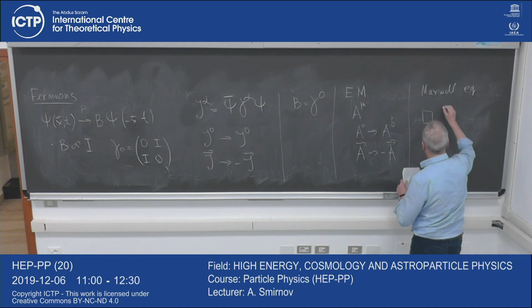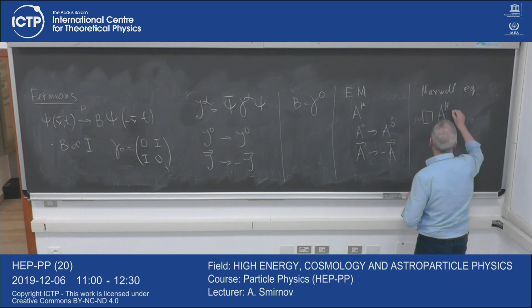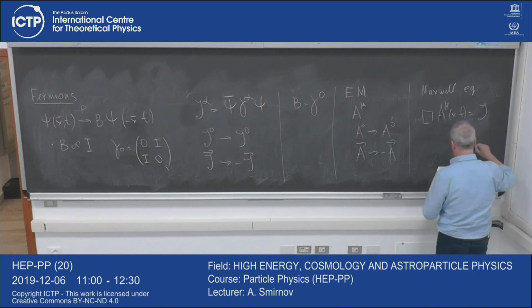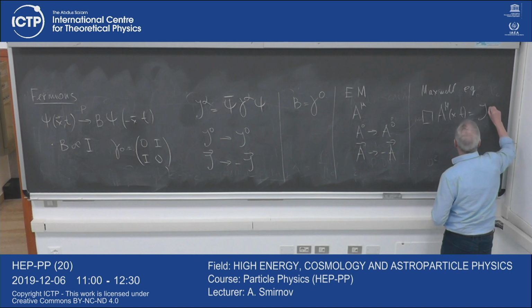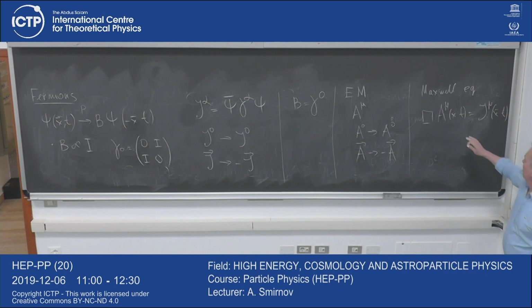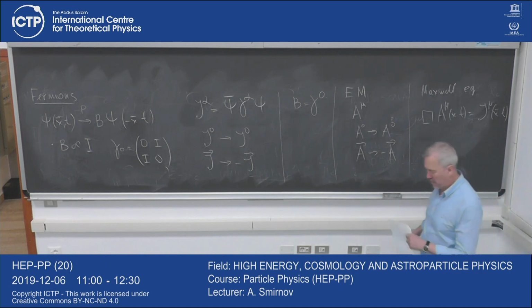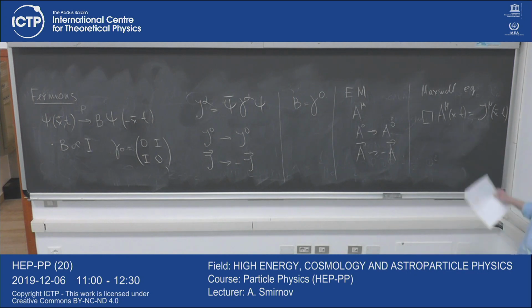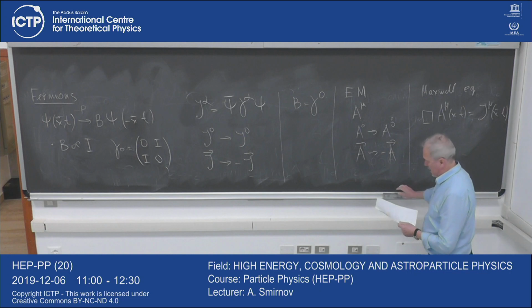It has the form box A mu (x,t) equals the current j mu (x,t). What happens is that the left-hand side doesn't change the sign for the zero component, and it changes the sign for the vectorial components. So under P transformations, this equation is invariant.